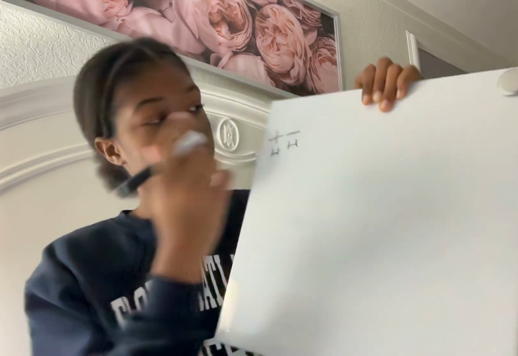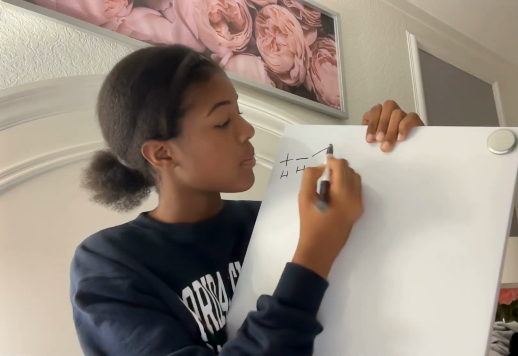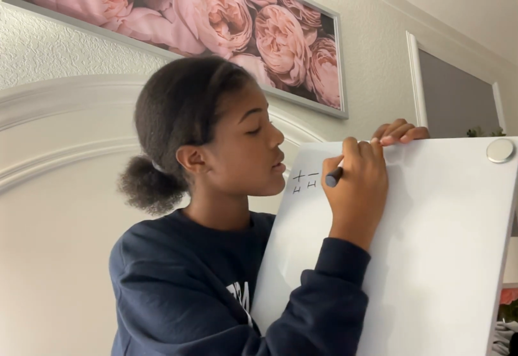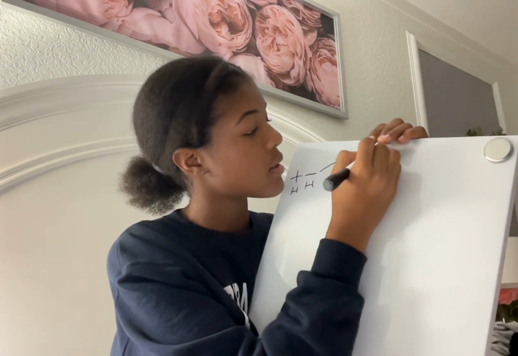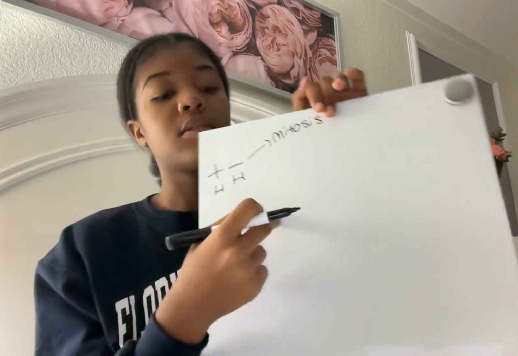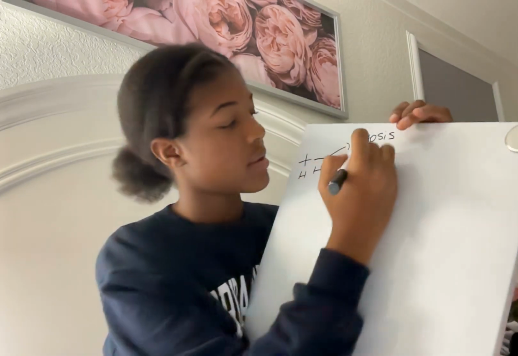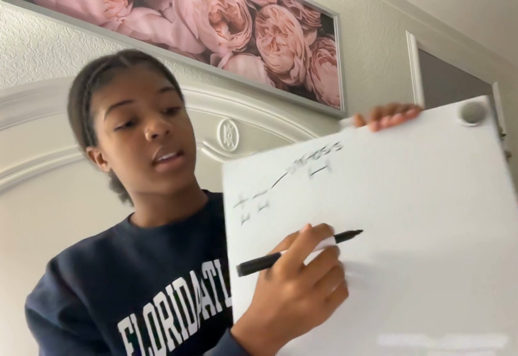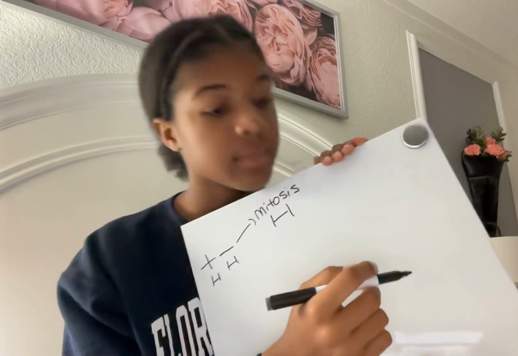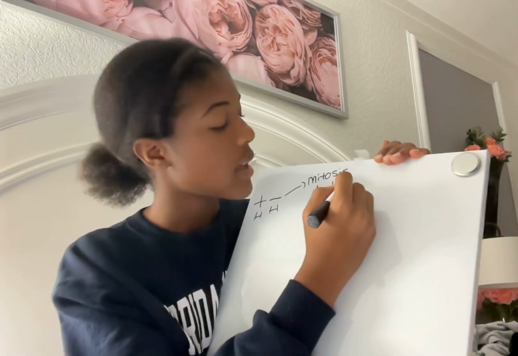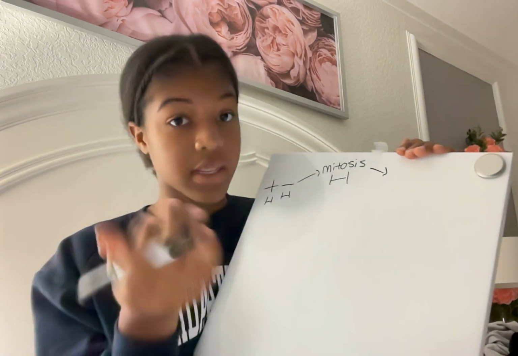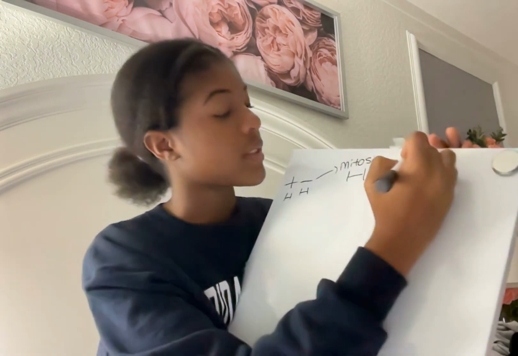And then after that we go through mitosis. What the mitosis is going to do is bring it together like that. And then after mitosis, we go through plasmogamy, which is the fusion of the cytoplasm.